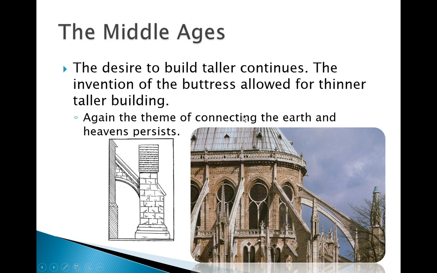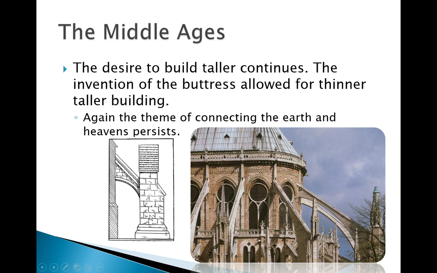So thus the invention of something called the buttress, also sometimes called the flying buttress. The idea of the buttress is that you build these, they're sort of like a half arch. You build these large columns all around the exterior of the building, and then you throw an arch in there so that the weight pushes out and then gets transferred down the column.